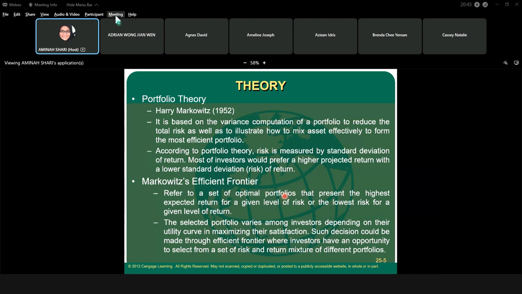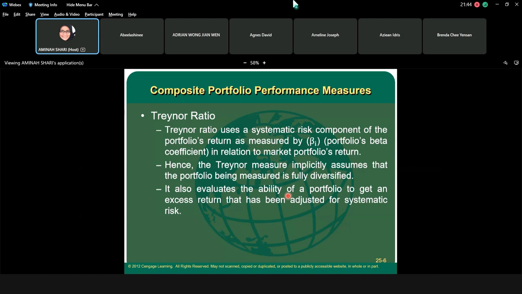The efficient frontier presents the highest expected return for a given level of risk, meaning that is the best return. Under the Markowitz efficient frontier, based on the Markowitz calculation, it presents the highest expected return for a given level of risk, or the lowest risk for a given level of return. That is the most important part of portfolio theory. Okay, next we go one by one.